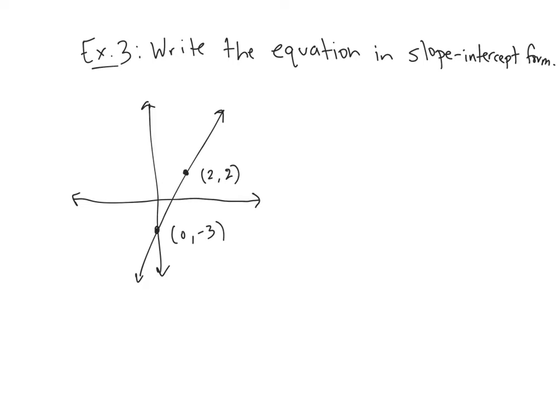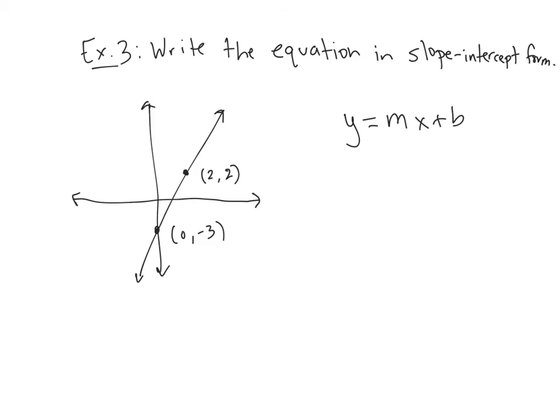Now, we know the equation of a line in slope-intercept form is y equal to mx plus b, right? I should be able to look at my graph and use the facts that we learned last week about slope and y-intercept to pull the slope and y-intercept out of the graph. And then once I've pulled them out of the graph, I should be able to write the equation of the line in slope-intercept form.